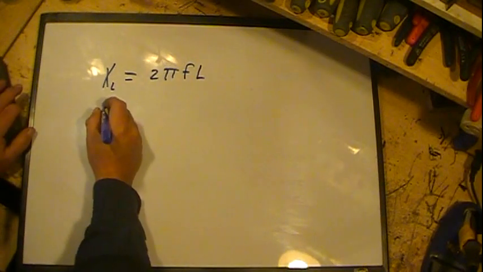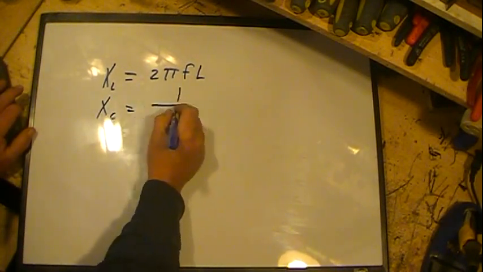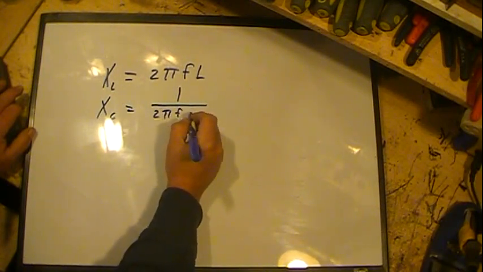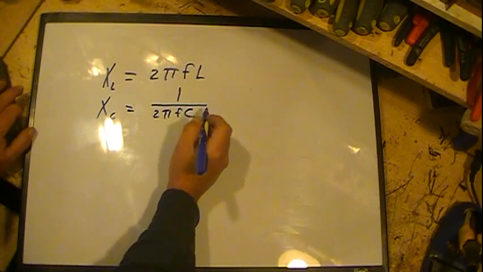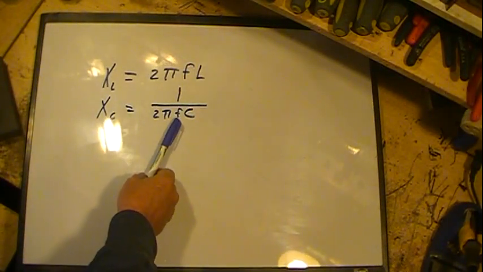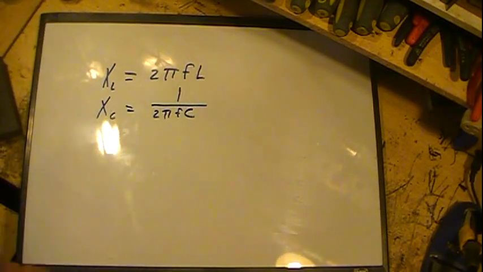And capacitive reactance, X sub C, is 1 over 2 pi F, frequency, times capacitance. Again, frequency in hertz, and capacitance in farads.